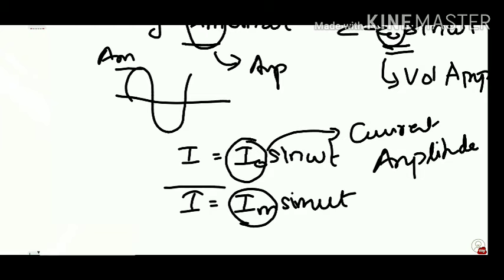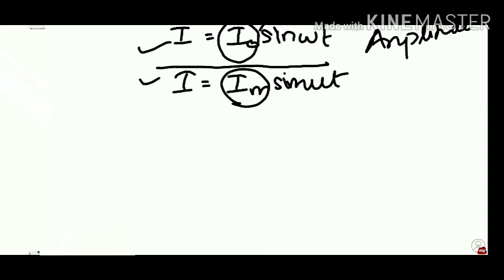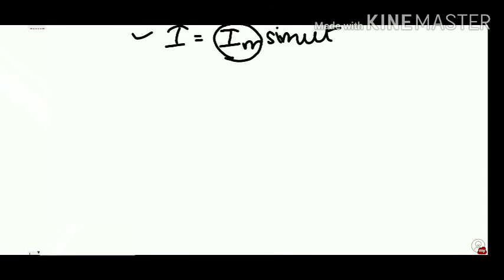Just the representation is different; both are correct. Both current and voltage are in sinusoidal form. I just wanted to clarify the written forms of these equations in your NCERT textbook. Let's move on with the portion.